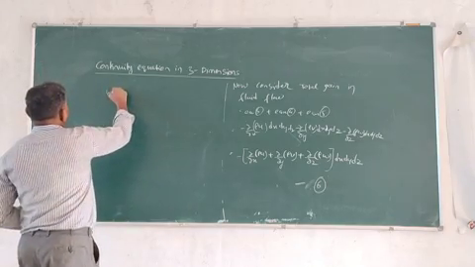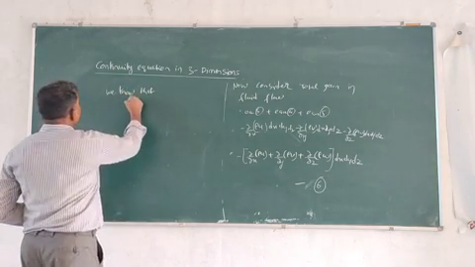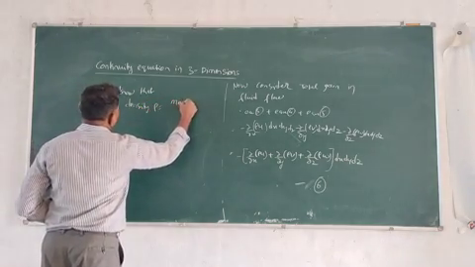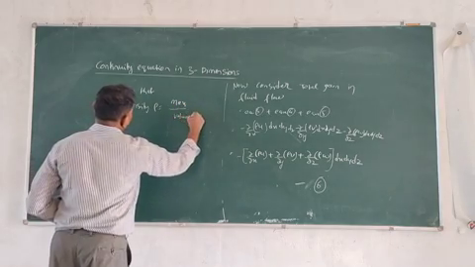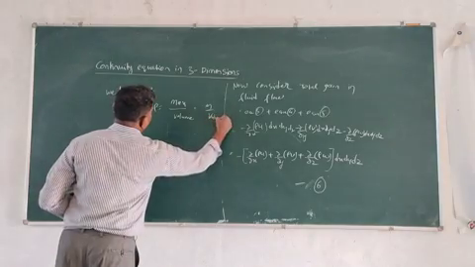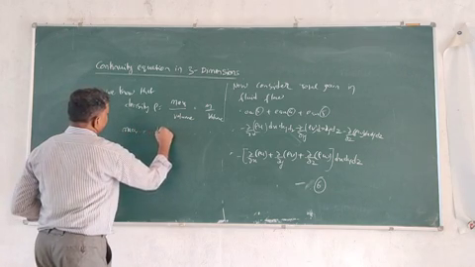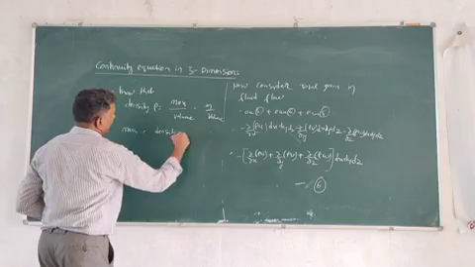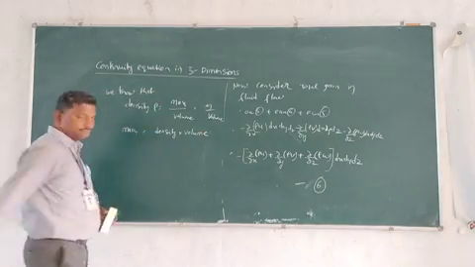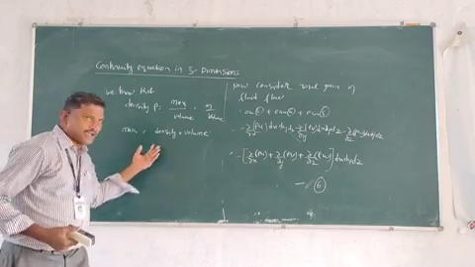And next, we know that density ρ is equal to mass by volume, ρ = m/V. So mass is equal to density into volume. As the fluid is flowing, we have to consider time.